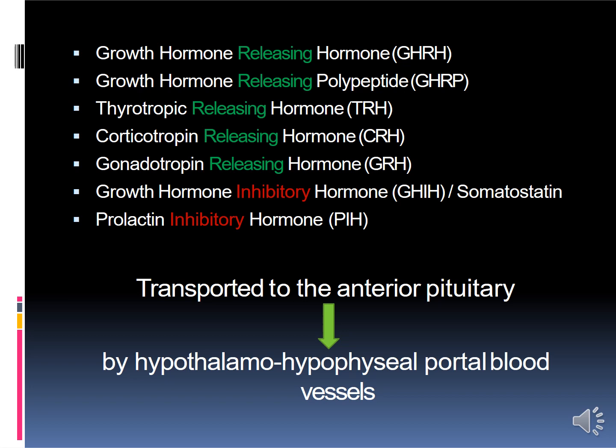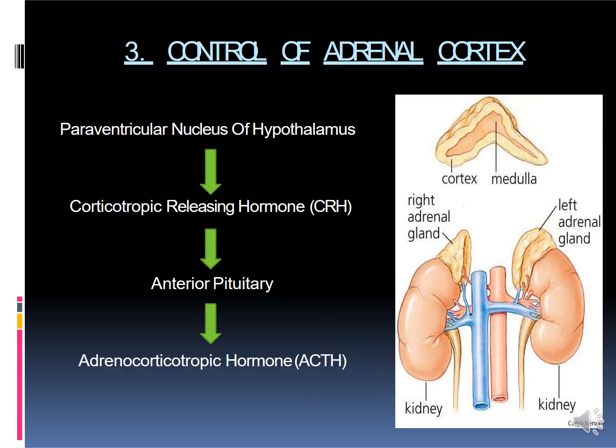The two inhibitory hormones are growth hormone inhibitory hormone, that is somatostatin, and prolactin inhibitory hormone. These are transmitted to the anterior pituitary by the hypothalamo-hypophyseal portal blood vessels.